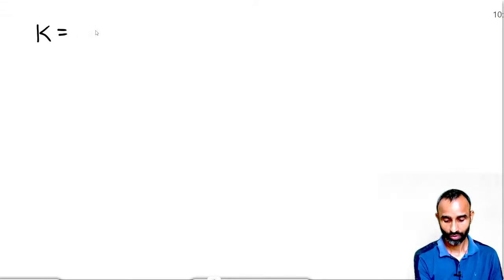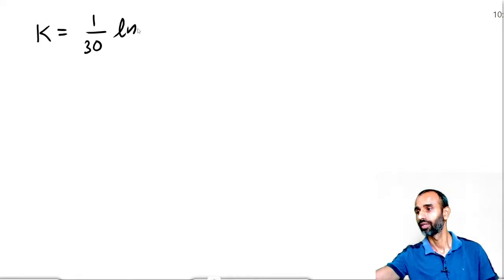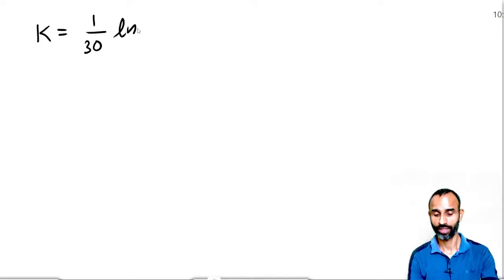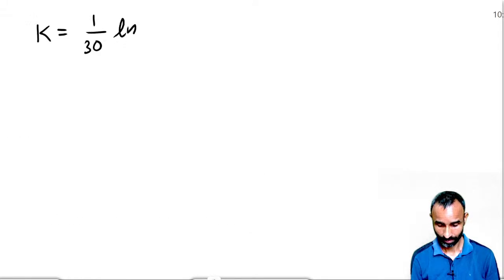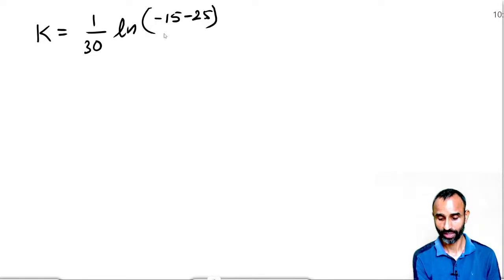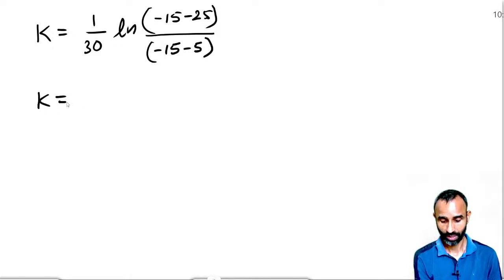Here K comes out to be 1 by 30 natural log of R infinity, which is minus 15, and R naught is 55, so minus R naught gives 55, divided by minus 15 minus Rt. In this way, K is equal to 1 by 30 natural log of 40 by 20.